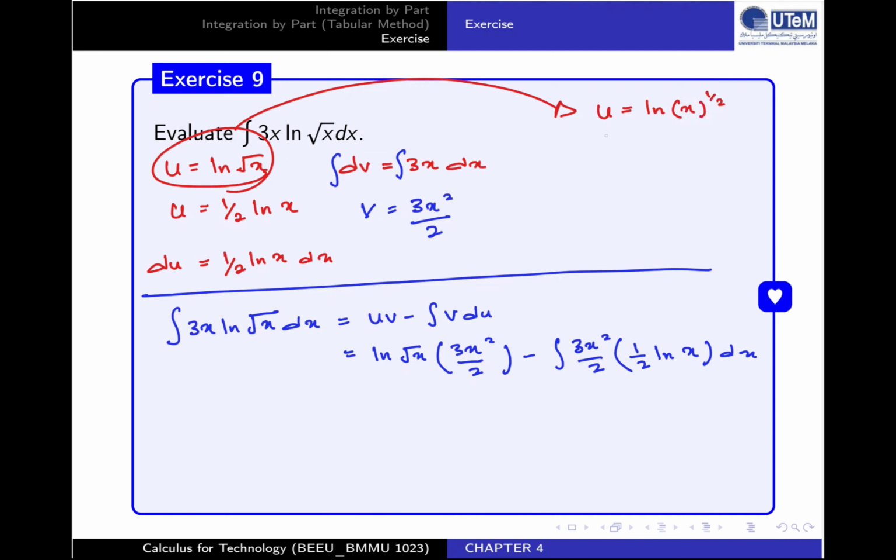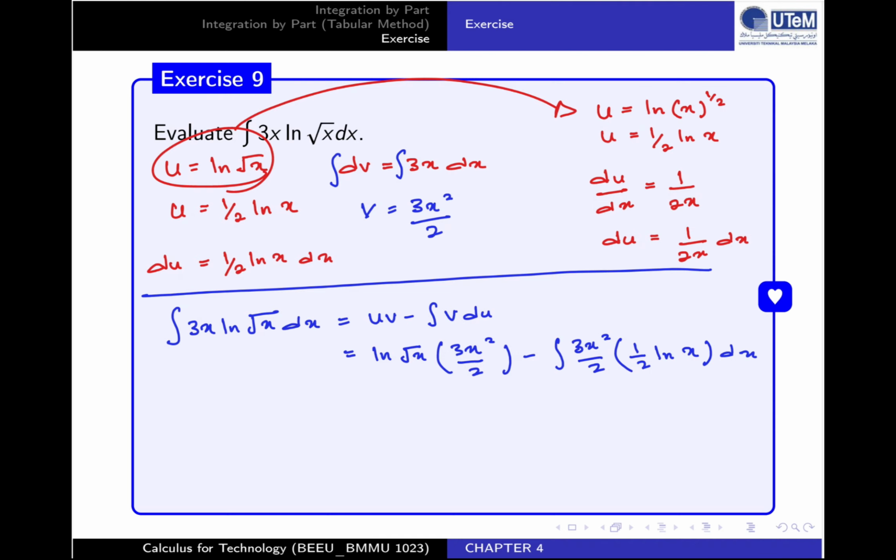When we simplify this one, we can get u equal to 1 over 2 ln x. So when we differentiate du dx, we can get 1 over 2x. So du equal to 1 over 2x dx.